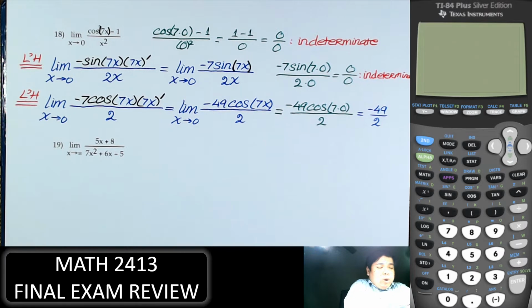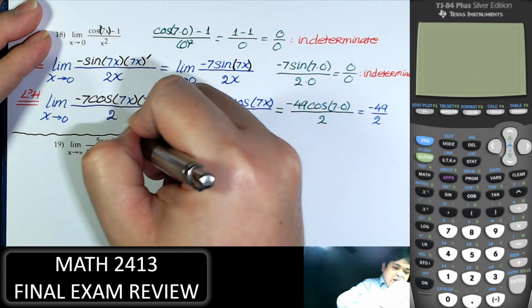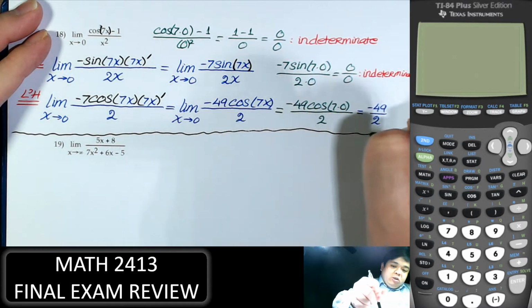Next, we have the limit as x goes to infinity. Of course we can put infinity in it, but we just get infinity over infinity. Rather than do that, I don't recommend using L'Hopital's rule here, because we have a better rule for that.